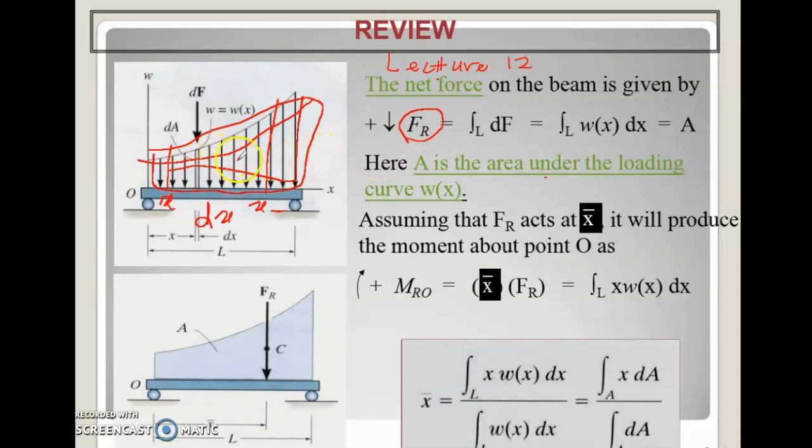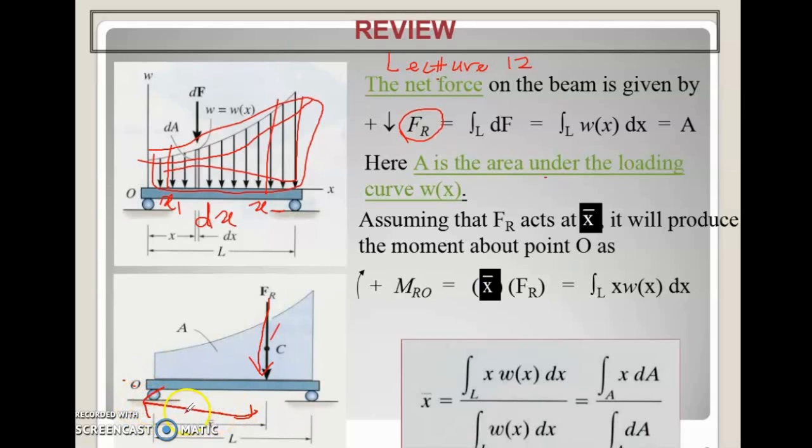Let's say we can represent the resultant F that we already calculated using this equation like this. We have an Fr somewhere here, and then we have a line of action from O to the Fr.